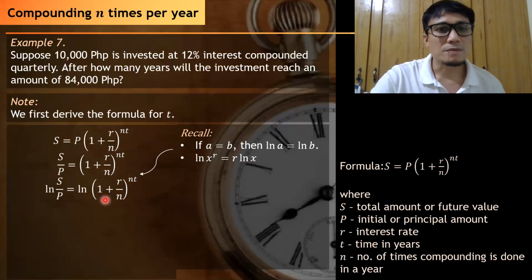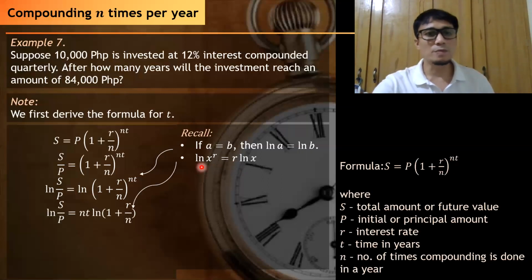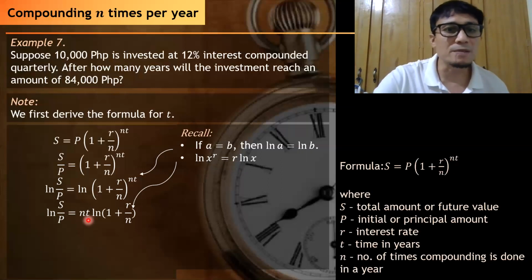Then look at the expression on the right-hand side of the equation. It is of this form, so the exponent there, the NT, can be placed on this side. Using the second property, you obtain this expression. Your NT is now here.